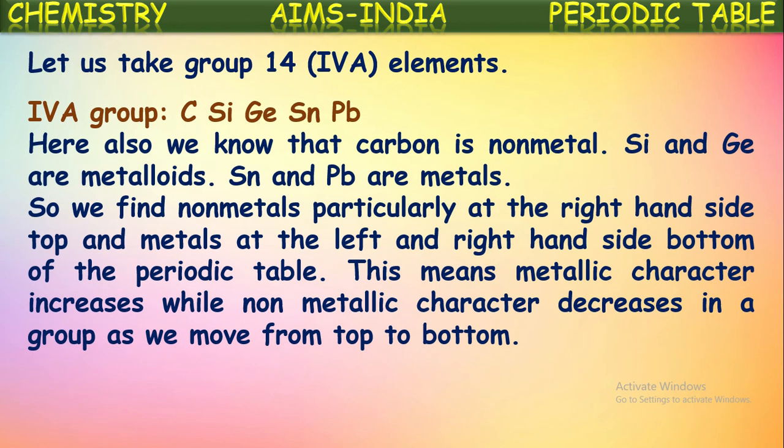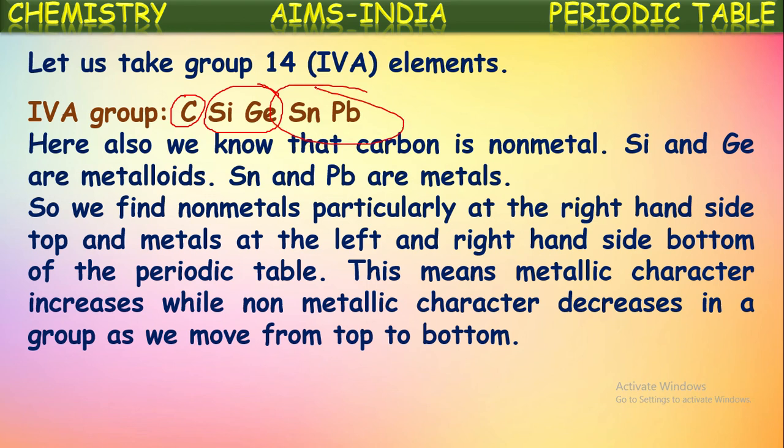Here also we know that carbon is a non-metal, isn't it? Silicon and germanium are metalloids. Hope you know what metalloids are. The elements which can exhibit the properties of both metals and non-metals are called metalloids. Now, tin and lead are metals.